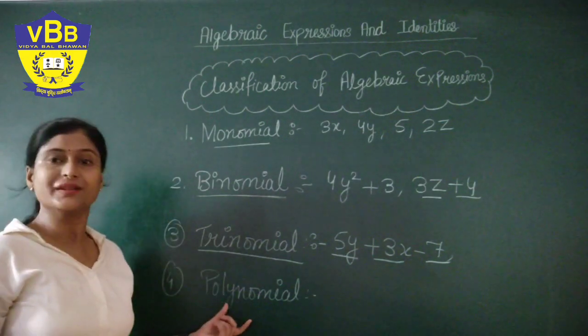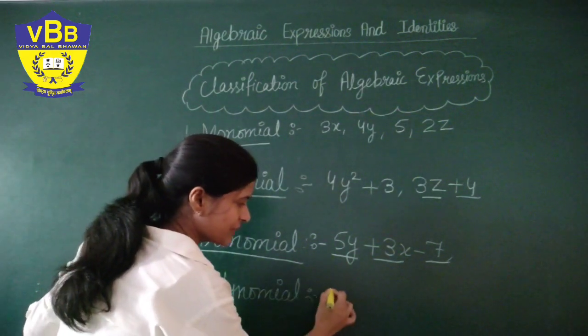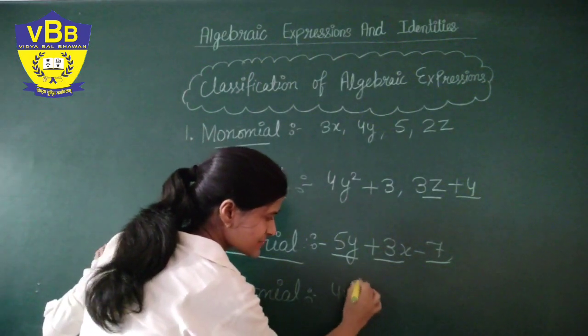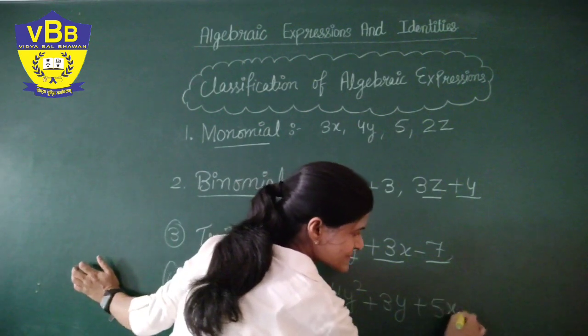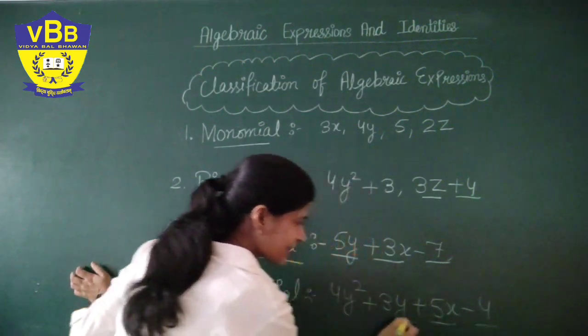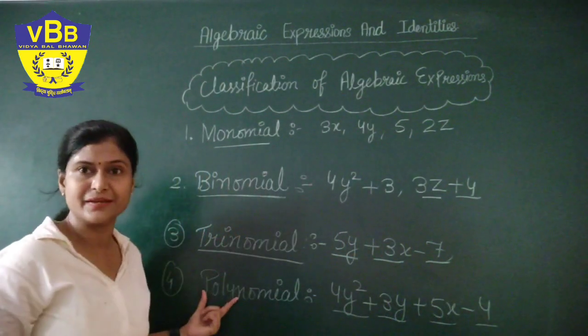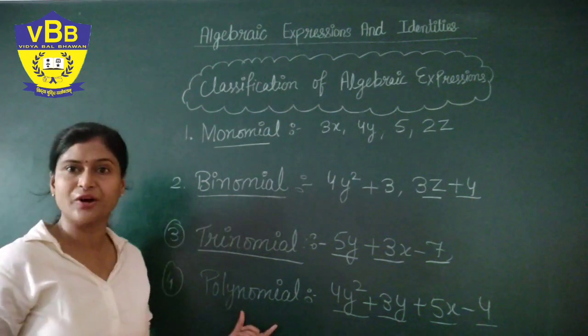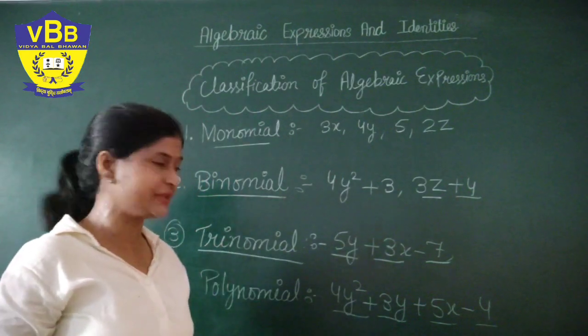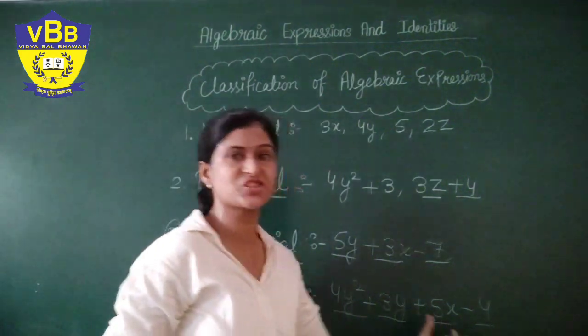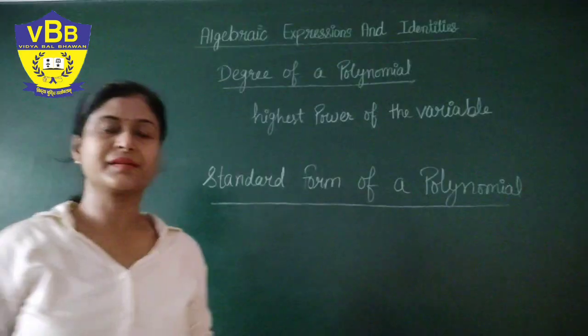If more than 3 terms, they are considered polynomial, like 4y square plus 3y plus 5x minus 4. Poly means many, so many terms make a polynomial.